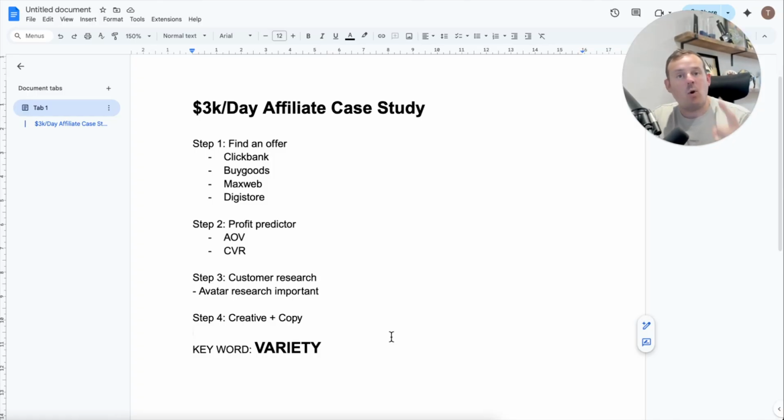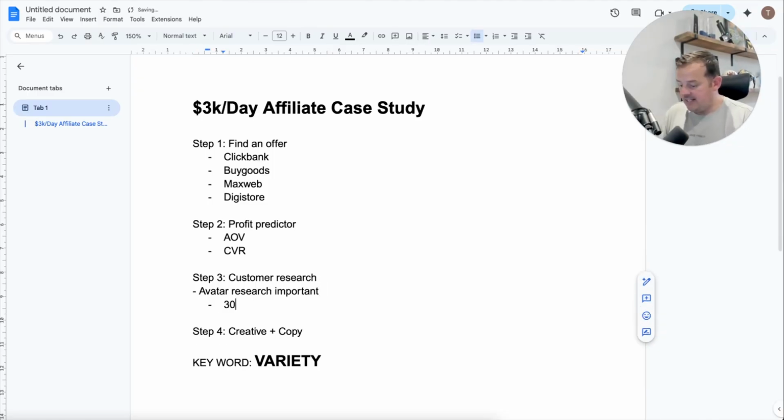We're not just taking one ad and we're not taking one avatar. I want at least, in an ideal world, 3 to 5 avatars, right? Because I want to have variety. Maybe 3 of these avatars are going to flop, but maybe the other 2 are going to crush and scale, and that's what I'm looking for. I'm looking for a variety of testing.